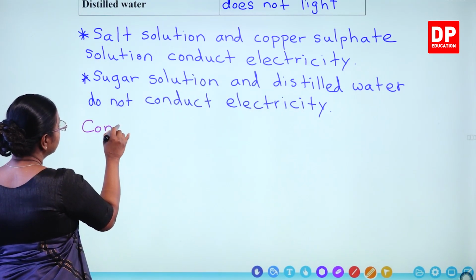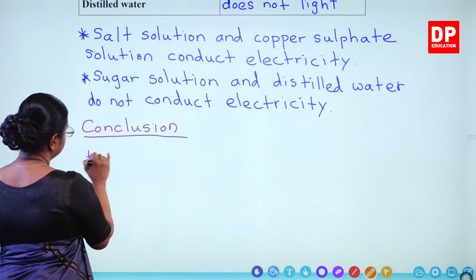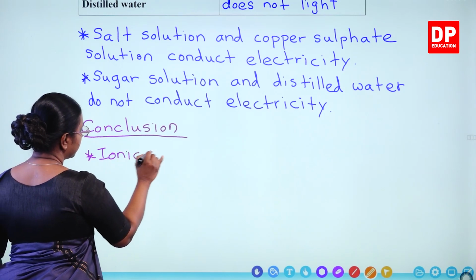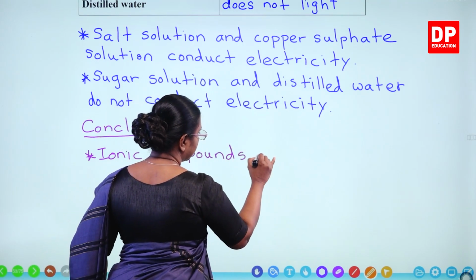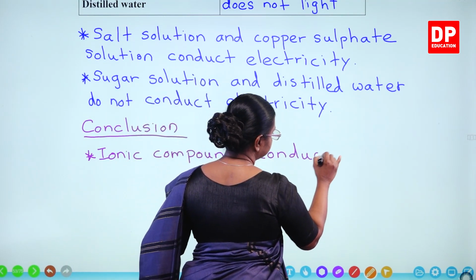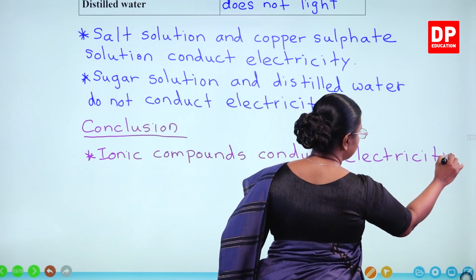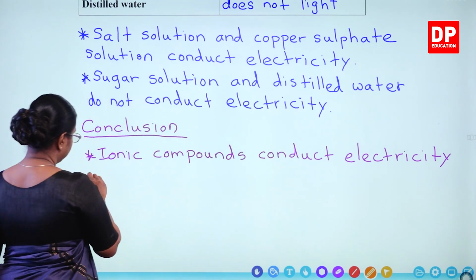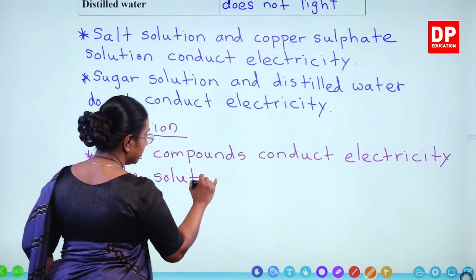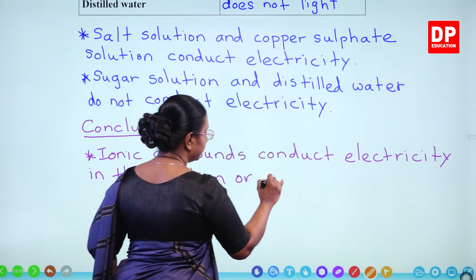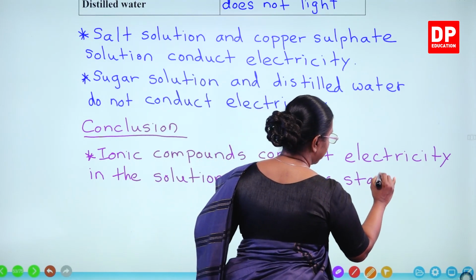So, as conclusion, we can say ionic compounds conduct electricity in the solution or aqueous state.